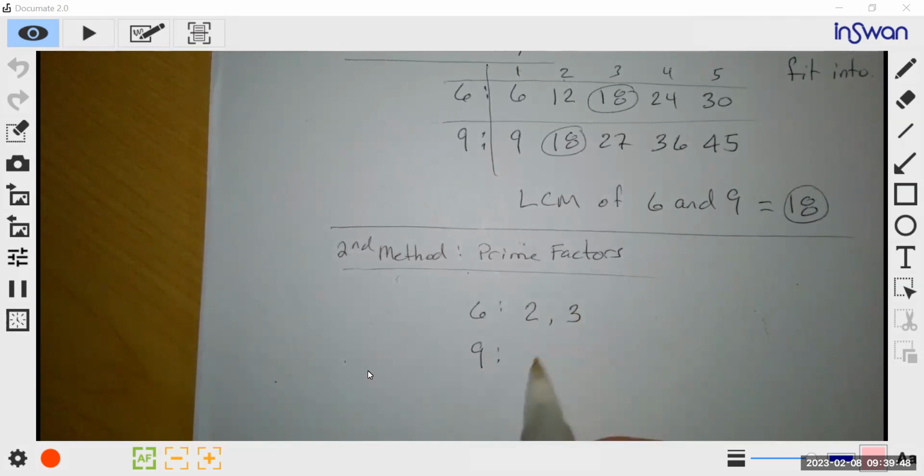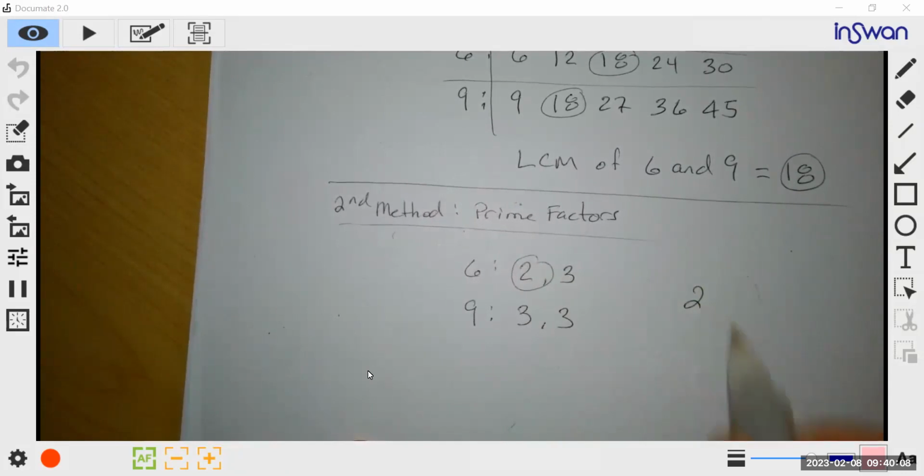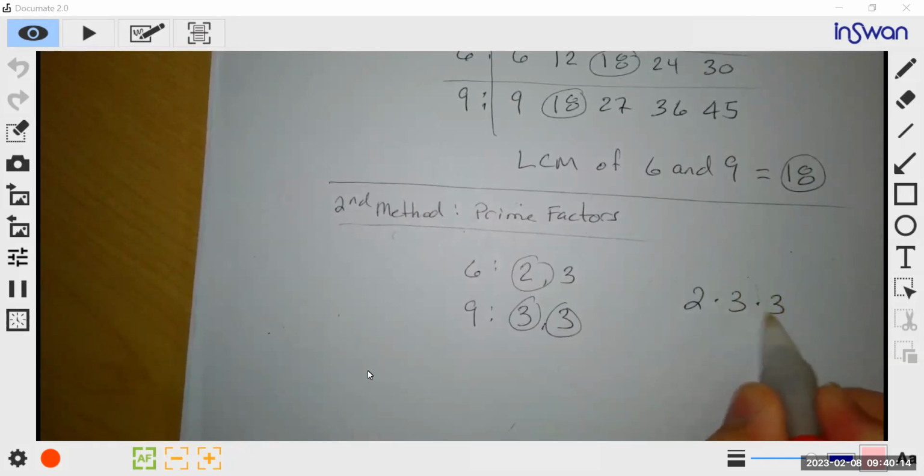How about 9? 3 and 3. So once you prime factorize your test numbers, it's easier if you circle what you have. So this one has a 2, so we need a 2. This one has 2 3s. So they both have 1 3. This has an extra 3. So I have 2 3s. So you look at what are all the sets of numbers that the factors have. So 2 times 3 is 6, times 3 is 18.